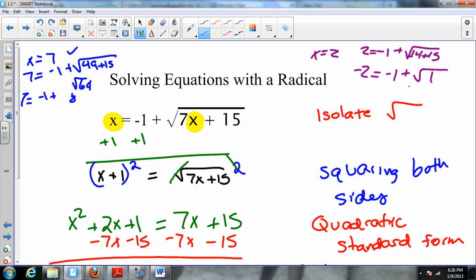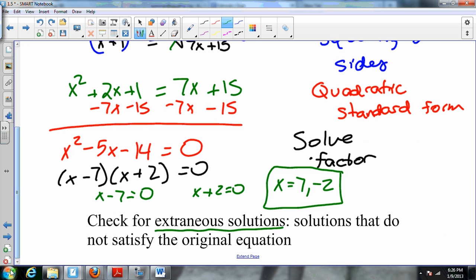Root 1 is 1. So did this work? Negative 1 plus 1 does not equal negative 2. So we checked. 7 worked. Negative 2 did not. So x equals 7.